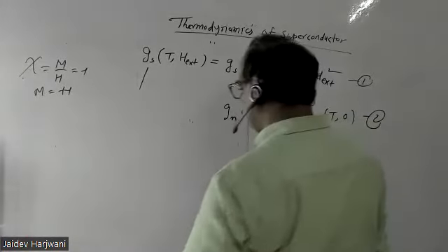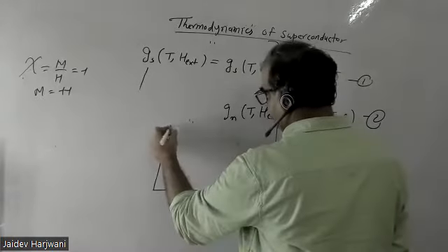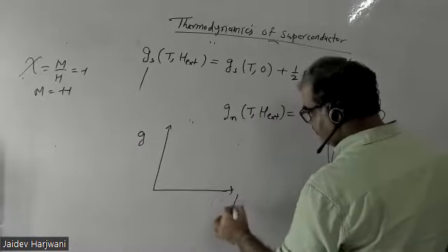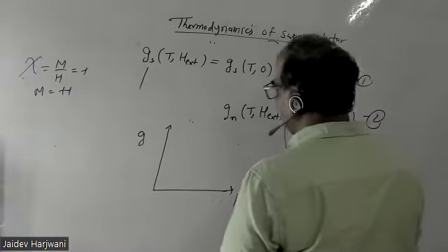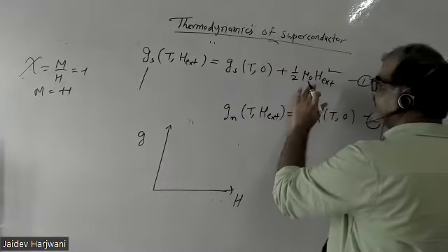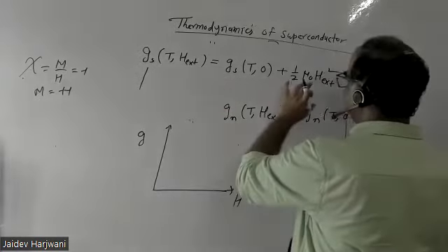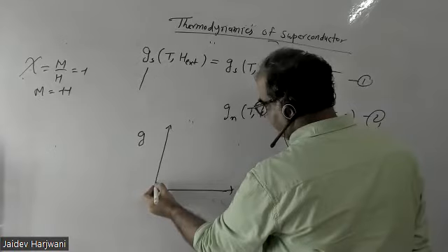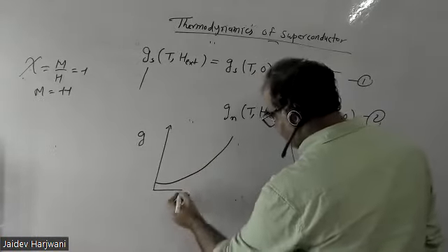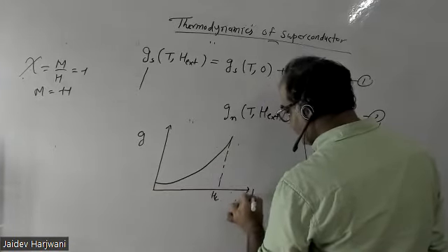Now if I plot a graph of Gibbs free energy with respect to magnetic field H, my superconducting state is increasing like this, varying qualitatively like this, up to where it meets the normal state.